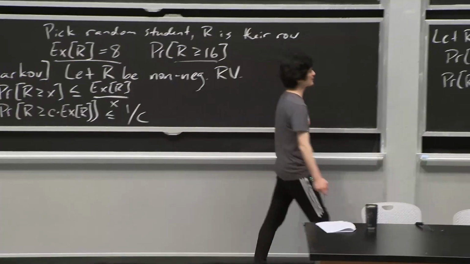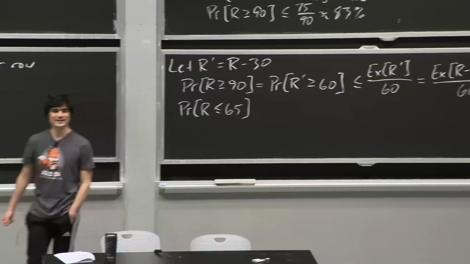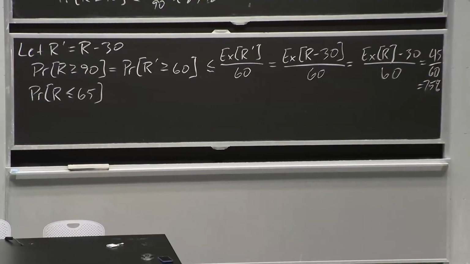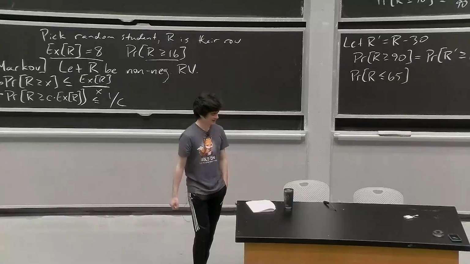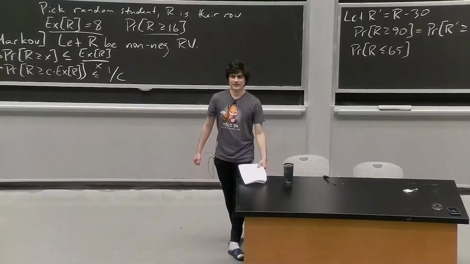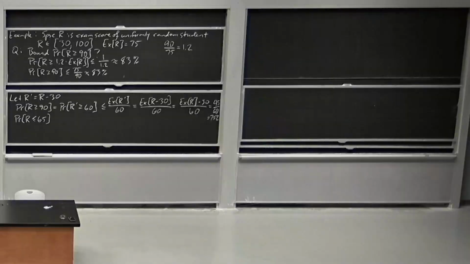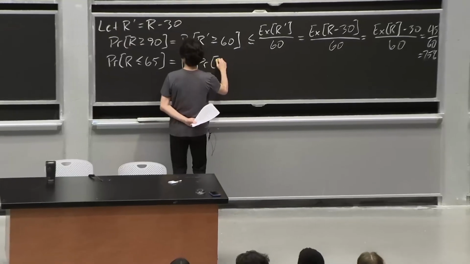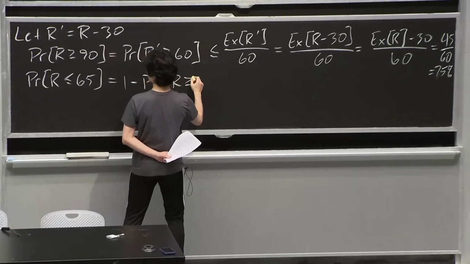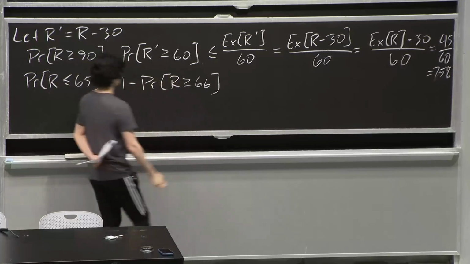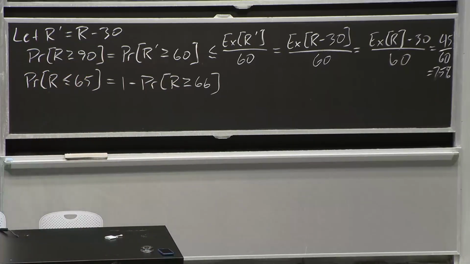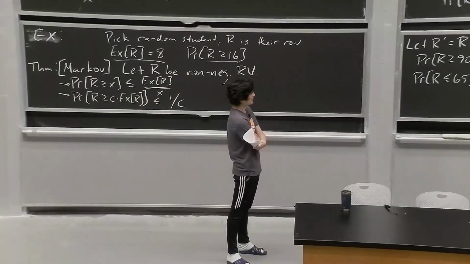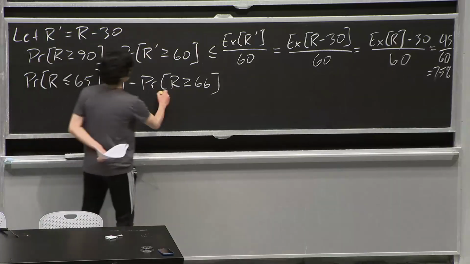Okay, have people had enough time to think about the probability that R is at most 65? How might we use Markov to figure this one out? So R greater than or equal to 66, if we assume integer scores. And what does Markov tell us about this?